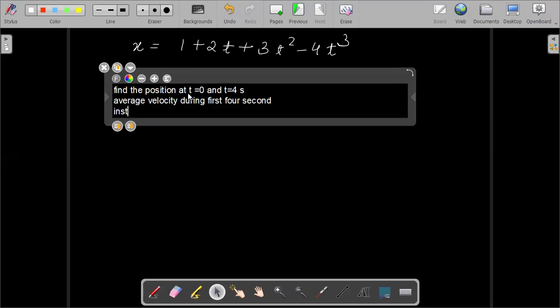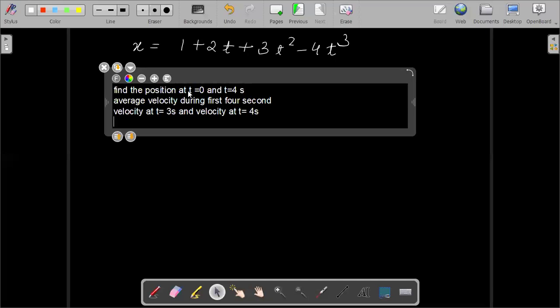Then you need to find instantaneous velocity at t equals 3 seconds, and velocity at t equals 4 seconds.